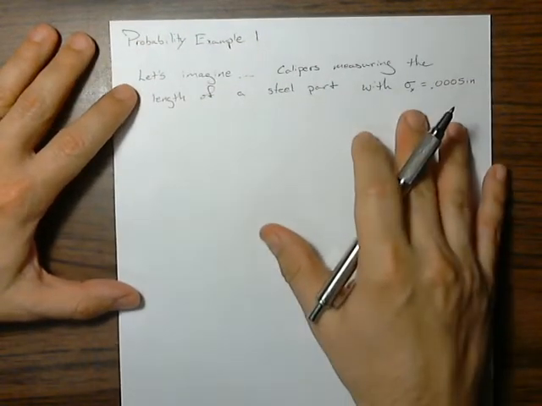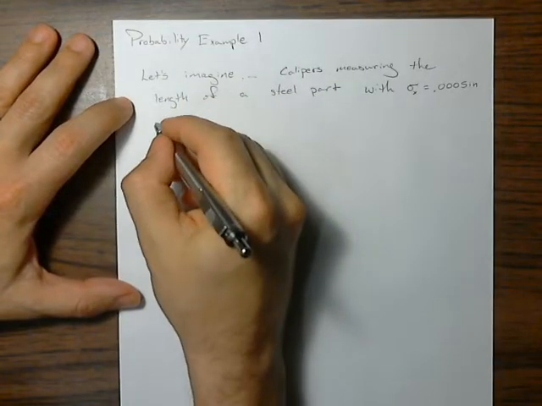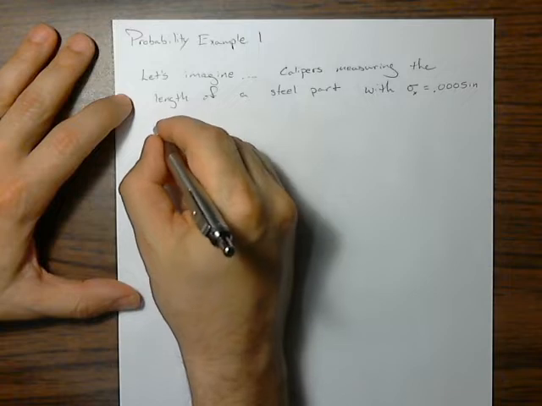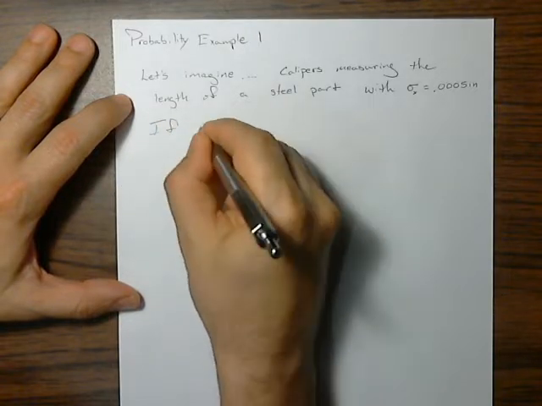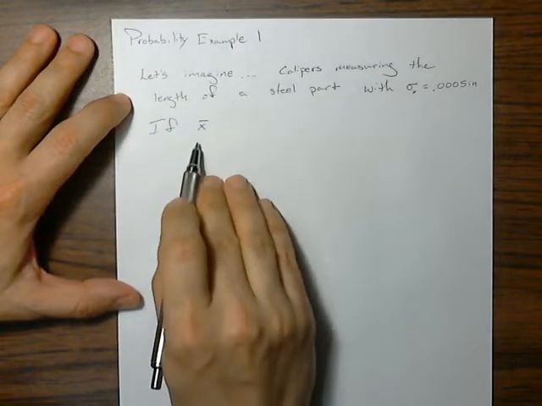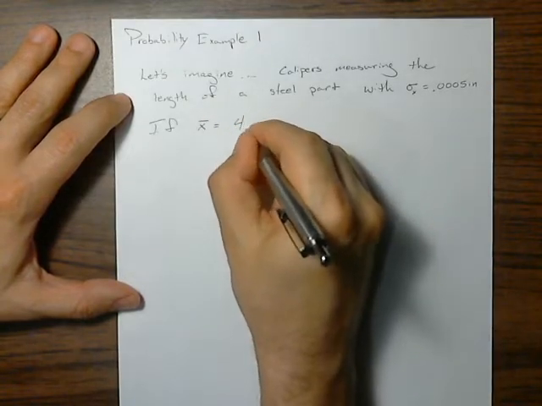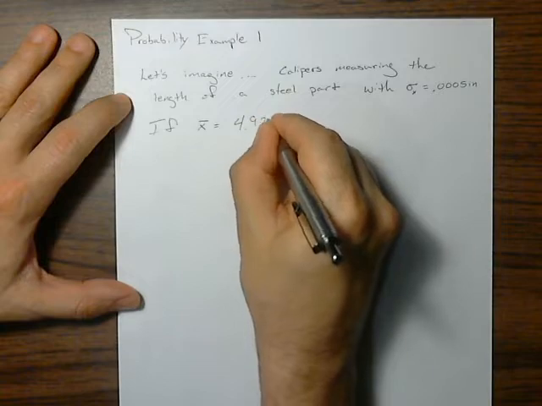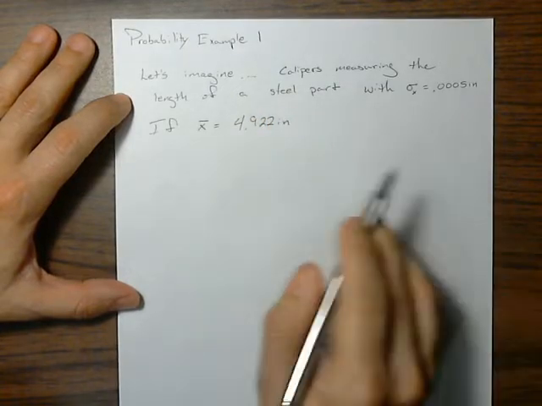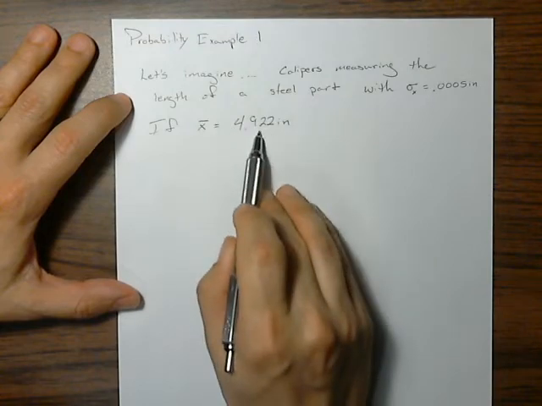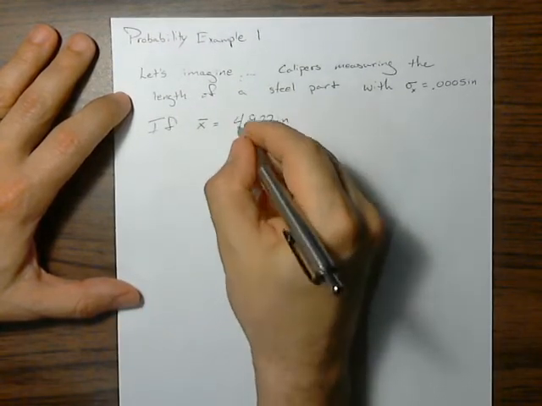So now we could imagine that the measurement were 4.922 inches, right? So calipers typically give, in inch measurements, three significant figures after the decimal point.